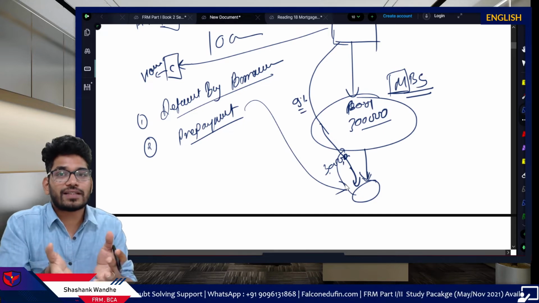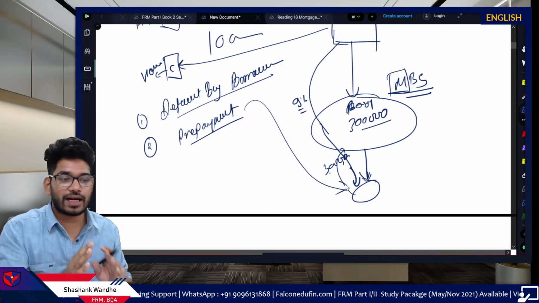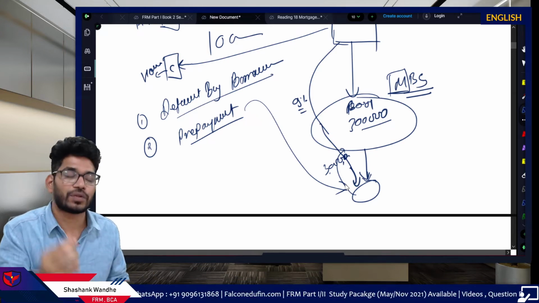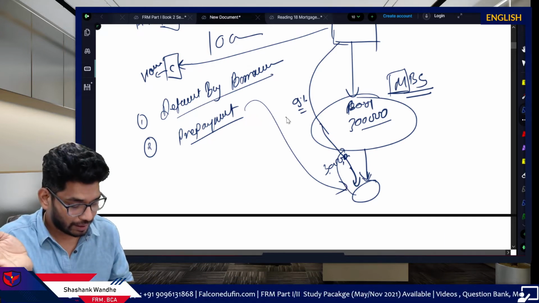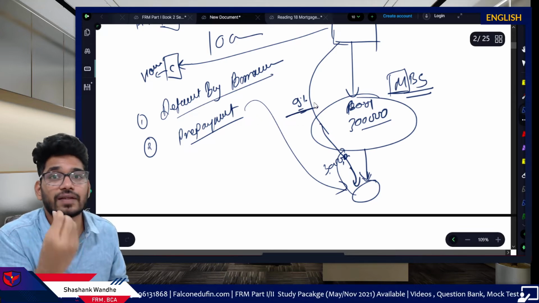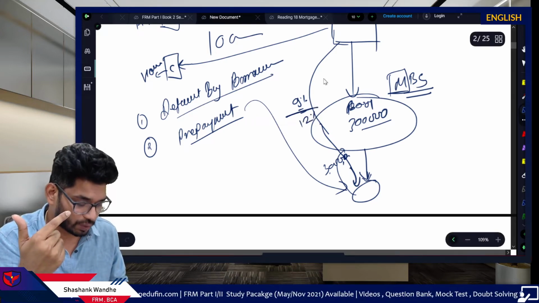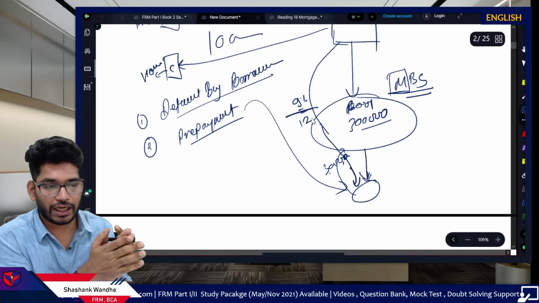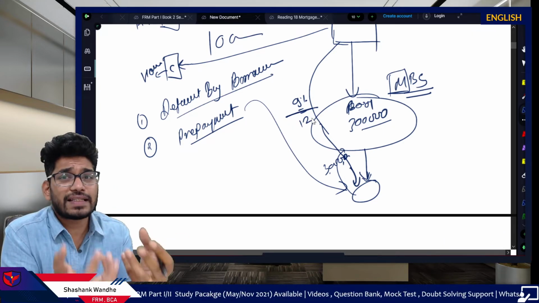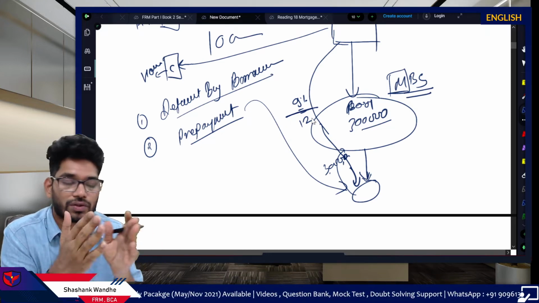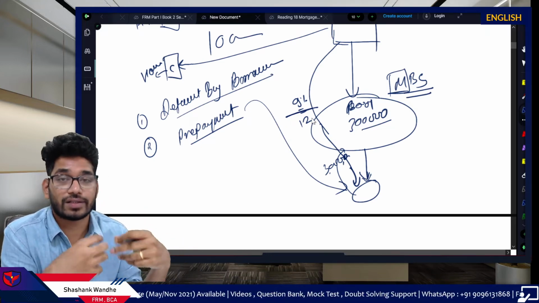Why? Because investor is expecting that he will receive 9% on, say, an annual basis, right? And obviously this will be monthly. He will receive this interest plus principal on a monthly basis, that is 9% divided by 12, whatever is the percentage rate. But if he receives these funds early, then he will lose interest on it, right? So if he loses the interest on it, then this is the loss for him.